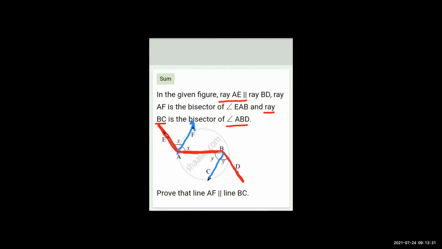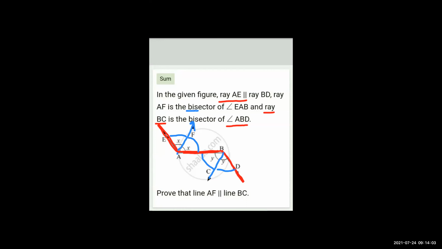Because of this bisector, the angle is equally divided. Bi means divide in two equal parts. Here the angle is marked X, and similarly this one is also X, the angle of same measurement. Here also angle Y and angle Y. This is all given in the diagram.